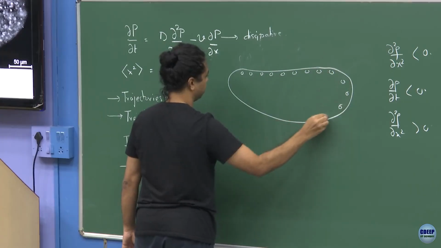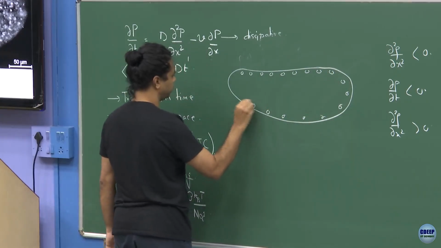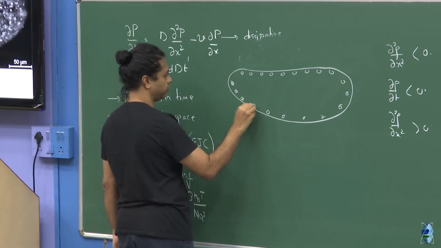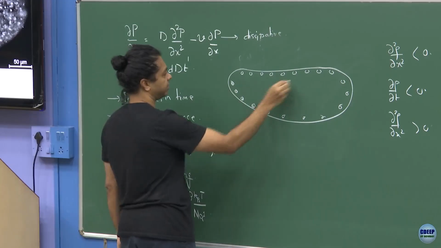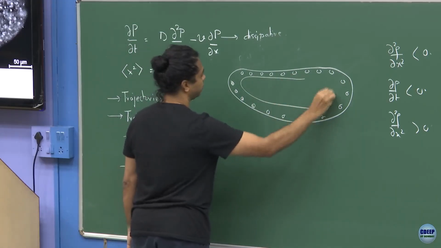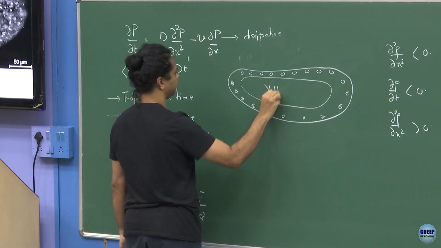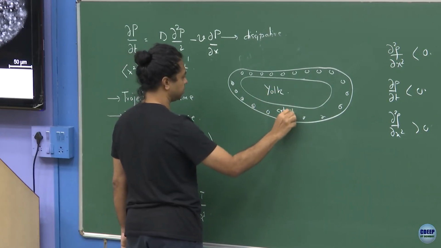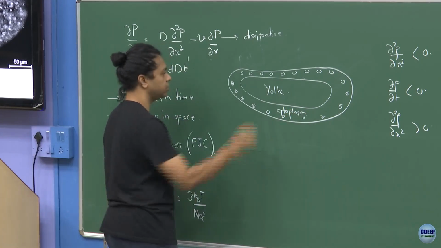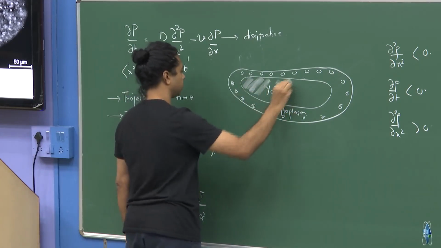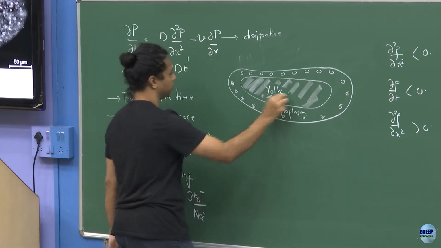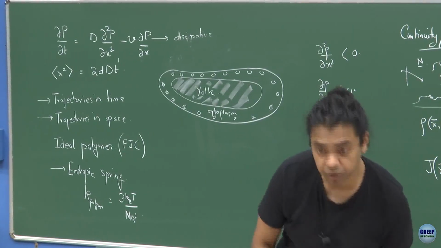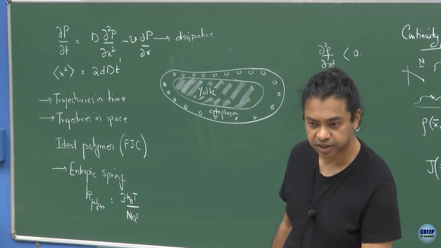Inside these nuclei are your DNA and so on. The bulk over here is this yolk, and in this region in the cortex there is this cytoplasm. And we were asking, how do patterns get established in a situation like this?